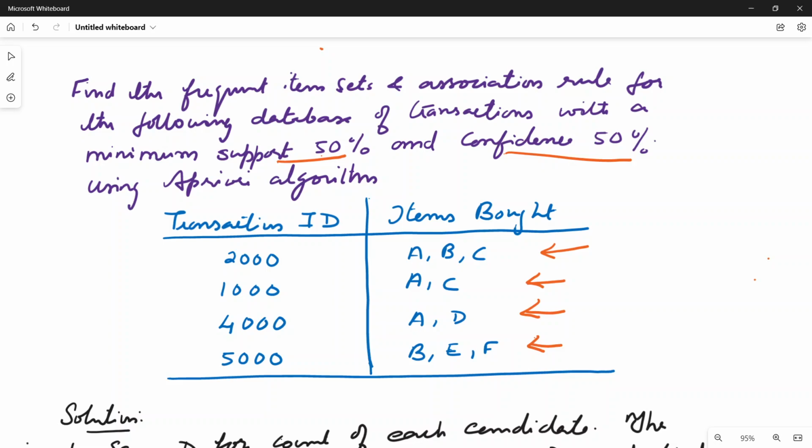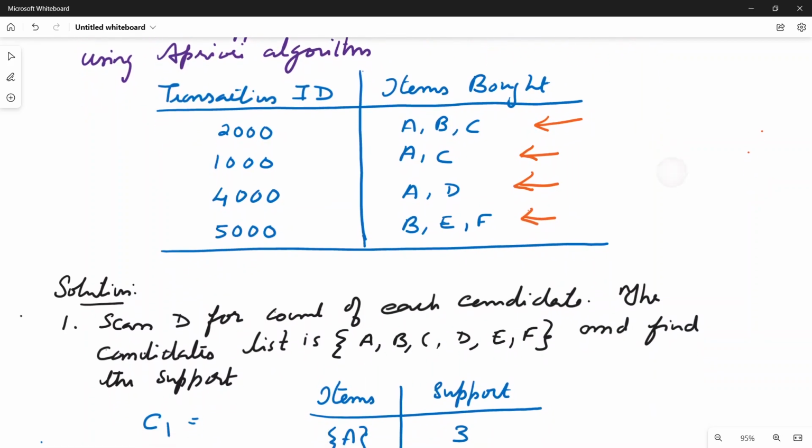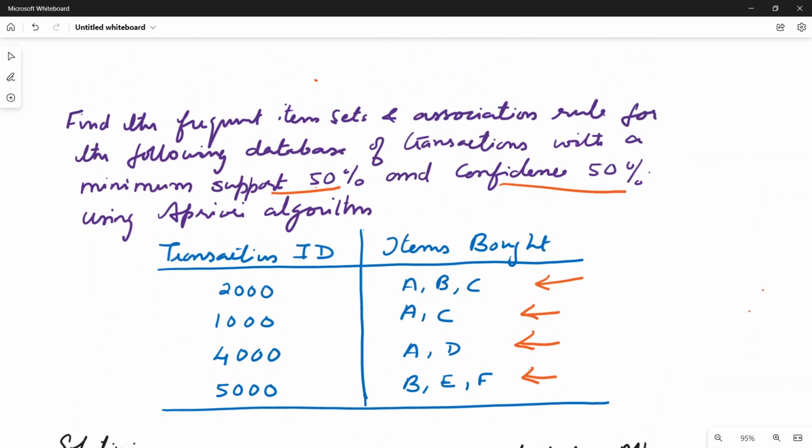Our objective is to find the frequent item sets from these given transactions. So how can we find them? Since the support is given as 50%, we need to find the items which have a minimum support of 50%. How many transactions are here? 1, 2, 3, 4.